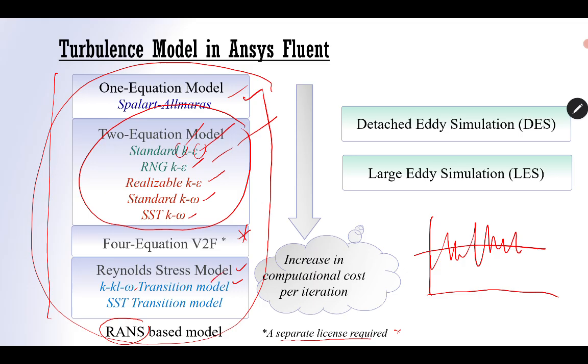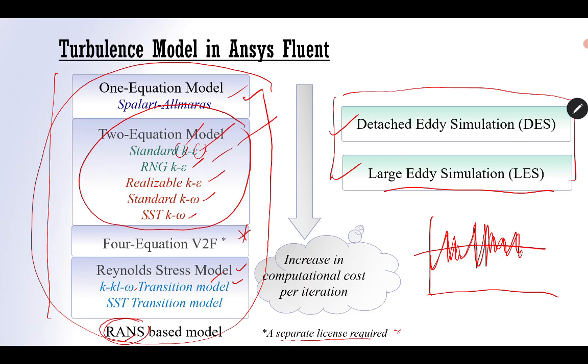And the other method, the other turbulence models, are known as detached eddy simulation and large eddy simulation. Both of these methods do not use the averaging, or the Reynolds averaged Navier-Stokes equation. They calculate each of the fluctuations in the flow.